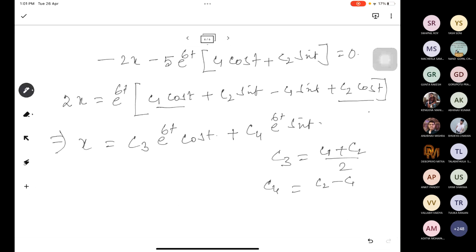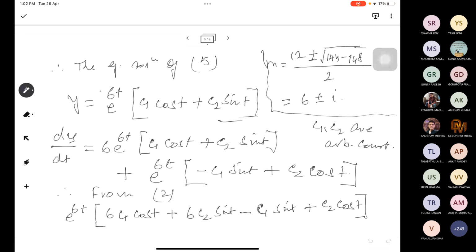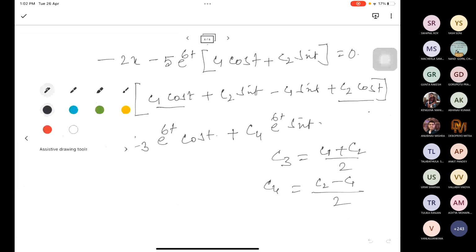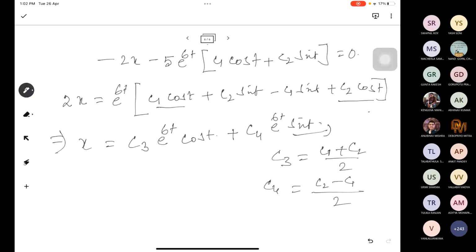So these are the solutions. So y is equal to this. Say this is your equation 6. These are the solutions.